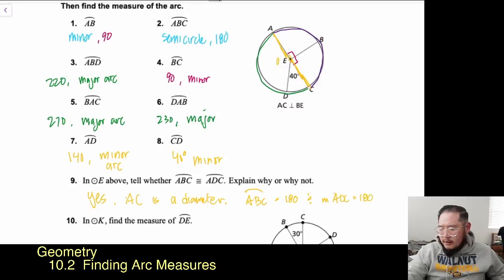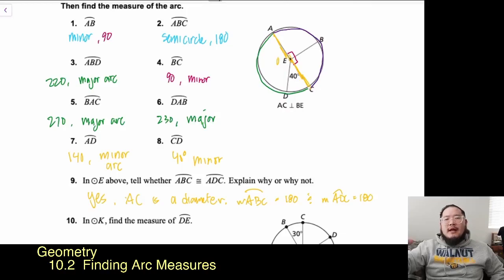Making them both a semicircle, and the arcs must be congruent. All right. So putting all that together, the measure of arc ABC is equal to 180 because AC is a diameter, and that cuts the circle in half.